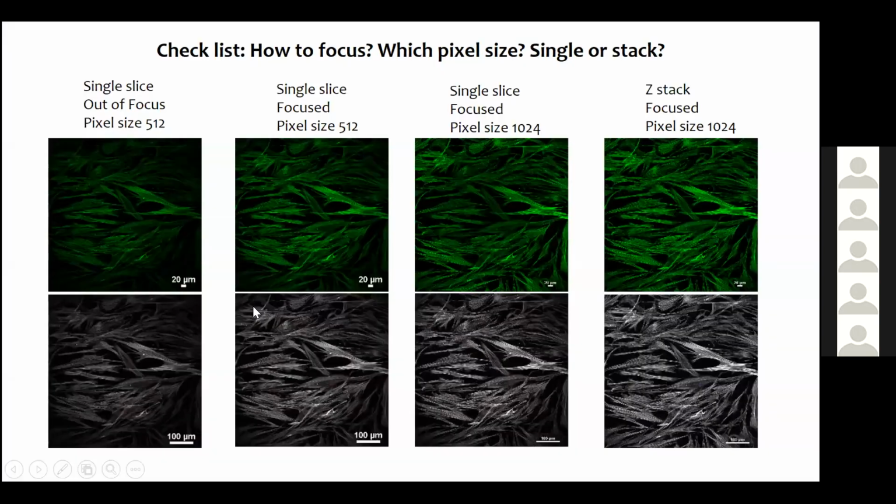So here, when I talk about the pixel sizes, I'm going to be talking about a single slice image, or a stacked image, excuse me. The top panel is F-actin, which came in green, a green colored phalloidin, so the top panel is showing the images in green.